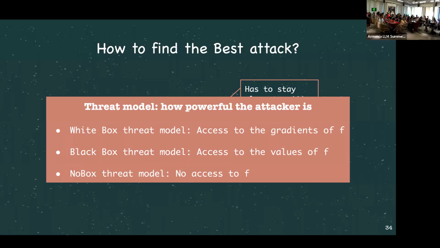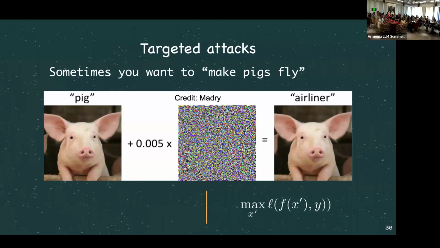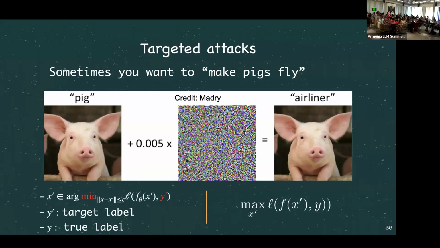You could take an open source model, consider it as white box, complete the attack, and then submit it to a model for which you don't have the weights. There is also the targeted attack: instead of trying to make the model as wrong as possible, you do your search trying to target a specific class.